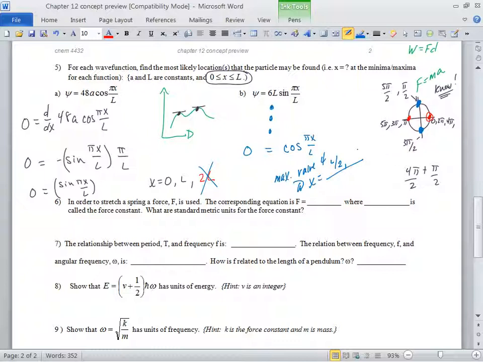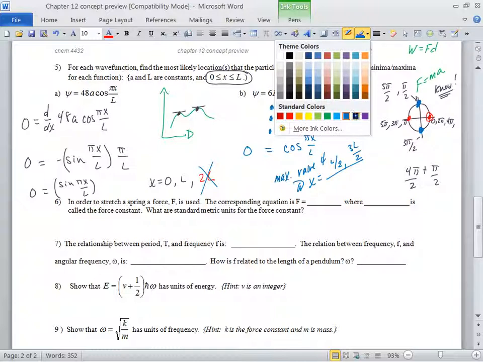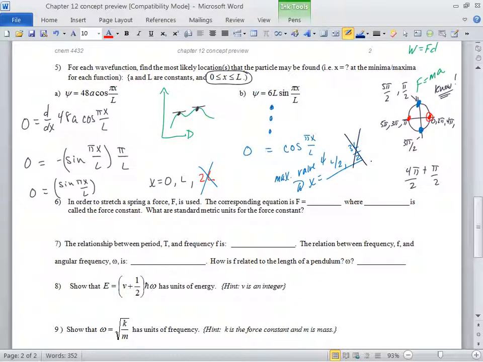The L's cancel. We get 3 pi. Is that outside of our box, though? Yeah, because that'd be 1.5 L. Whoops. But that's the thinking. Good. That's how you're supposed to do it.